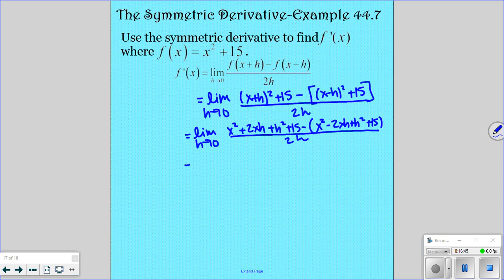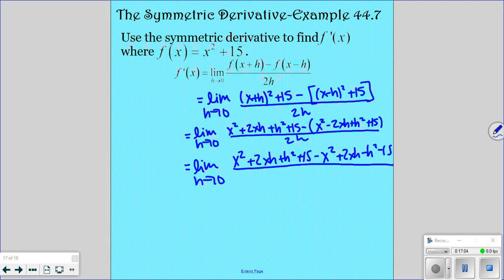I would be very careful about trying to go straight from that first step to this one, because people tend to mess up on the signs, at least on one term, which messes up the whole problem. So minus x squared plus 2xh minus h squared minus 15 all over 2h.